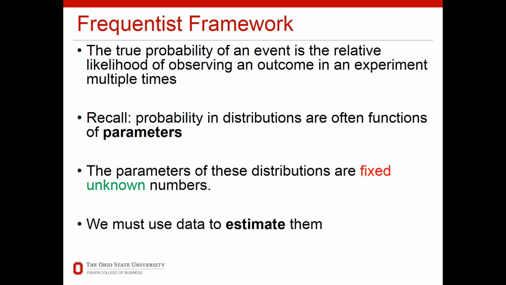We simply are flipping it many times and seeing different realizations of the random variable. But the true probability, the probability of heads, is constant. That's a very large part of the frequentist framework.